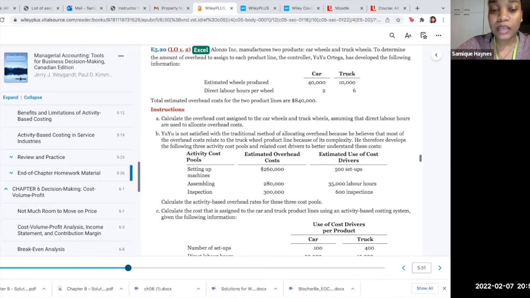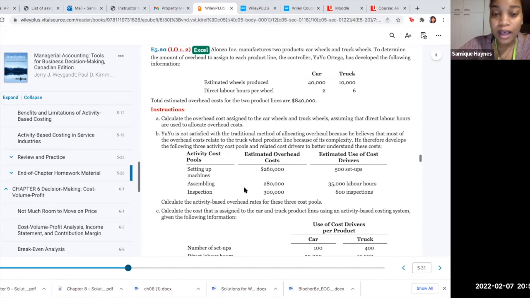How many predetermined overhead rates are we going to calculate? 3, what is the predetermined overhead rate for setting up machines? Drop your answers in the chat. 520. Okay, so I'm gonna use my calculator to confirm. 260,000 divided by 500 is 520. Everybody else got that? Great, great.